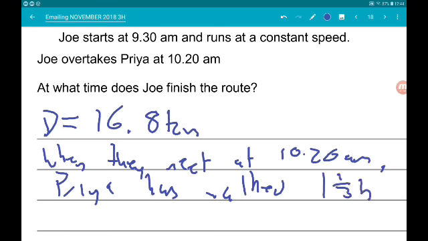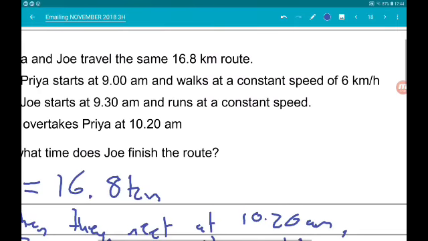Now we can work out the distance that she has gone. So remember, speed is distance over time. If you put them in a little triangle like that, cover up the one that we are looking for, and it leaves us with the formula for that one.